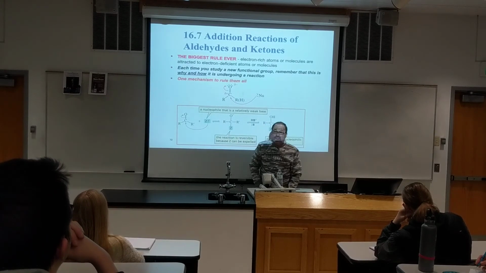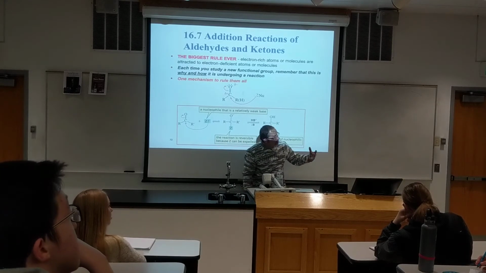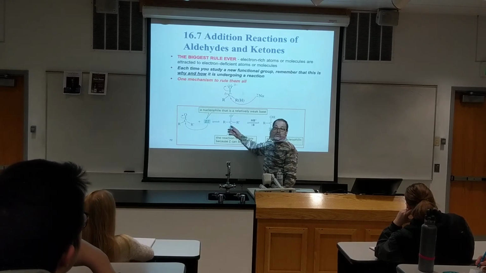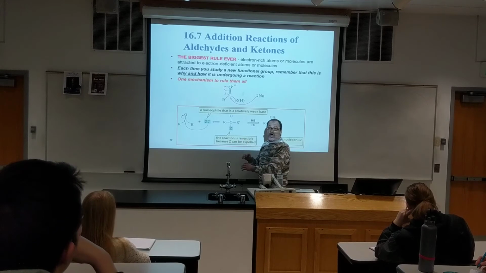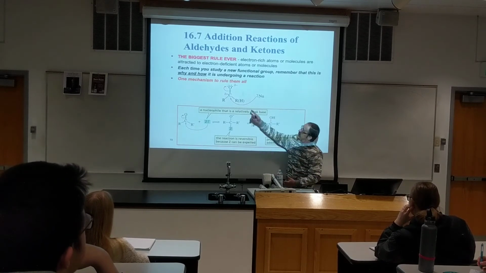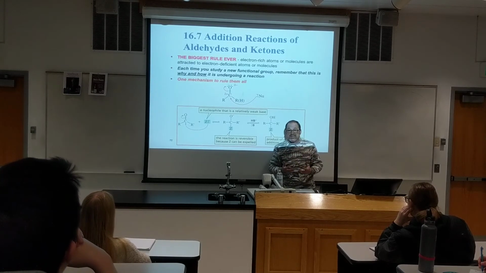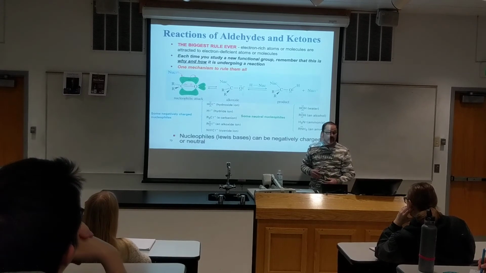We could bring a phosphorus in here, and it would attack and make an alcohol. And we're going to bring an alcohol in here, and it will attack and make an alcohol. But that alcohol that we brought in will make an ether. And so there's a lot of reactions that utilize this, and so there is one mechanism to rule all of them, but the hemiacetal is the one that is most important in terms of your body.